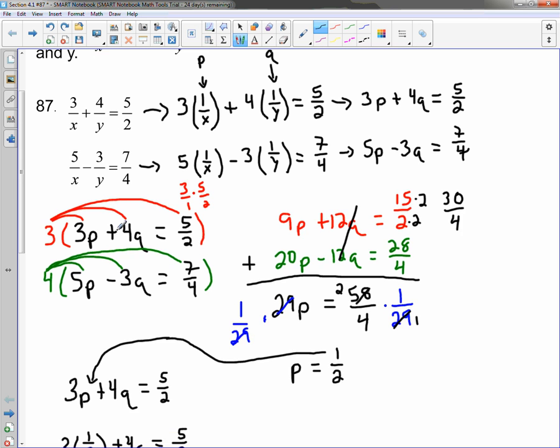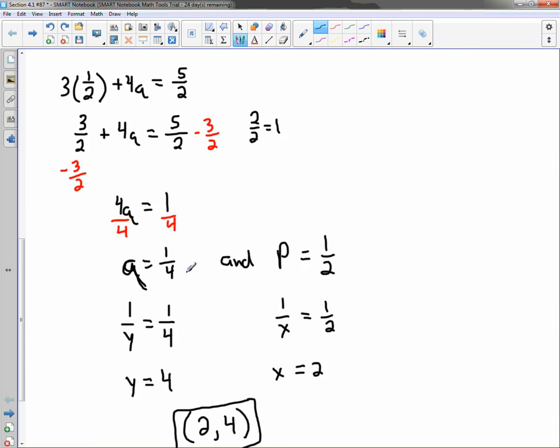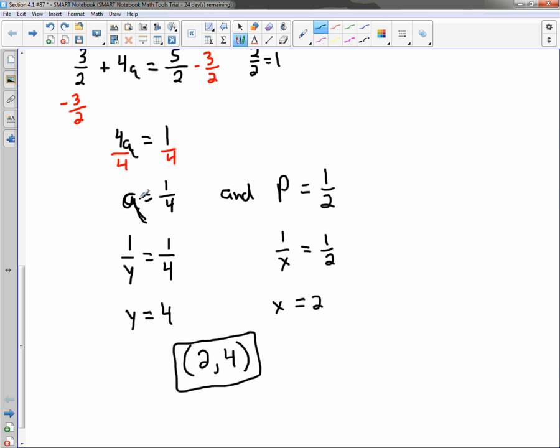This portion of solving a system is very similar to what we've already done. The last part is identifying, well, now that we have what q and p equals, we want to bring back the values. So q was 1 over y, p was 1 over x. Solve for x and y, and we have our two solutions.